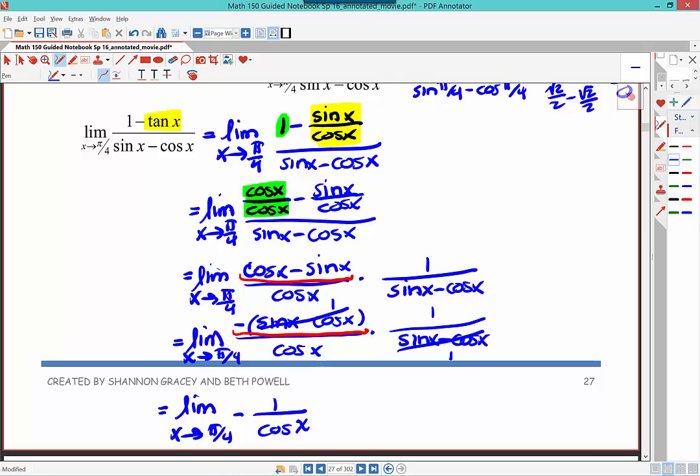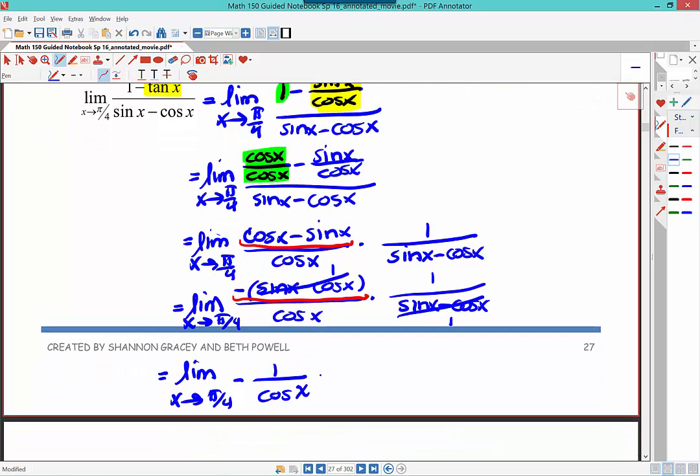Good so far? So now finally, using direct substitution, well, almost finally, we will get -1 over cosine of pi over 4, right?